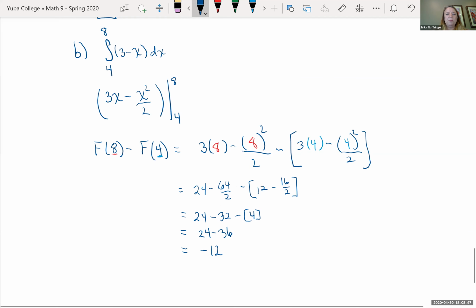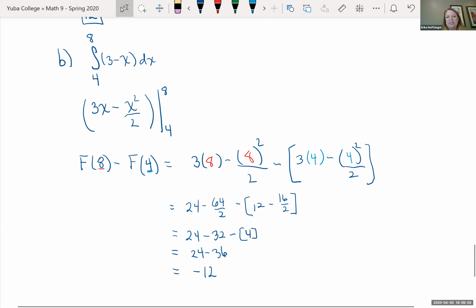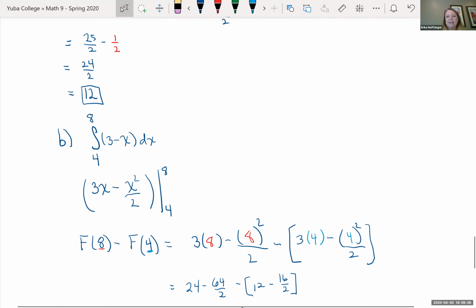Okay, so remember I said that if we're thinking about area, we have to worry about, is our function above or below the x-axis? And so notice that we got -12. So this is almost correct for our area if we looked at the absolute value of that.